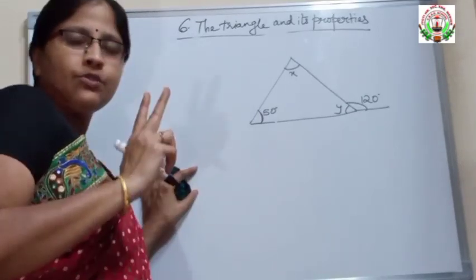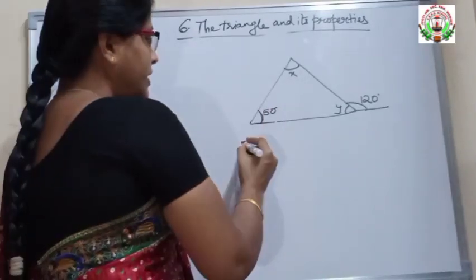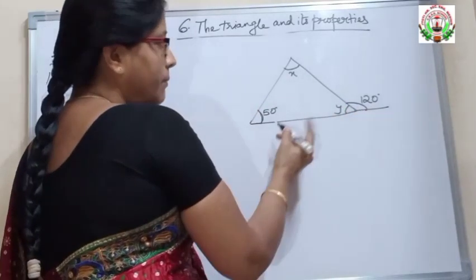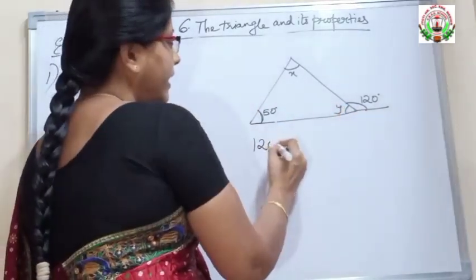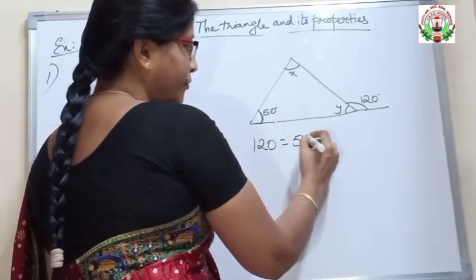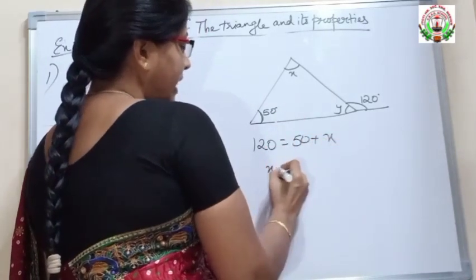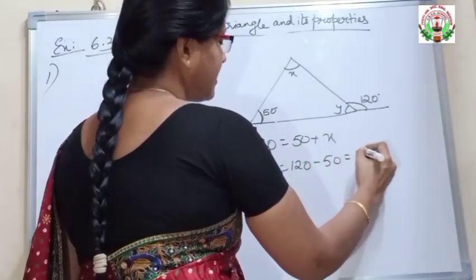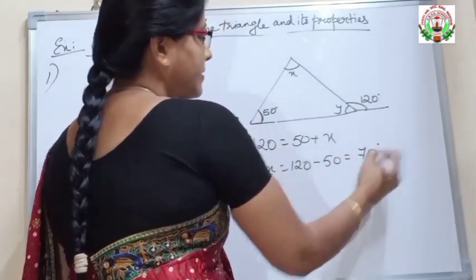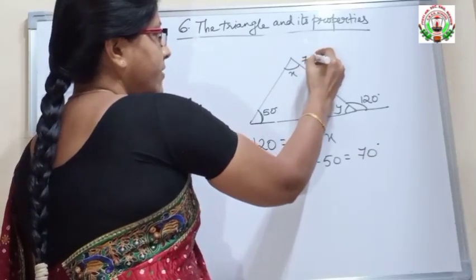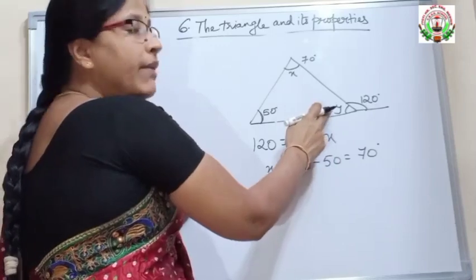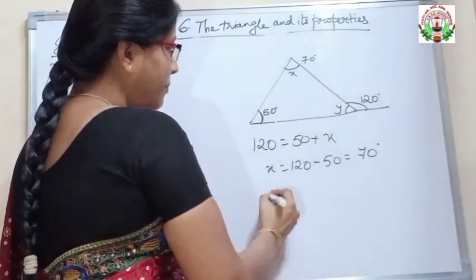See, there are 2 ways to solve this problem. Let me do the first part. First type of solving this problem. See, we know that by exterior angle property, 120 is equal to 50 plus x. So x is equal to 120 minus 50, that is 70 degrees. Means x is given as 70 degrees. Now we found x, we can find y by using the angle sum property.